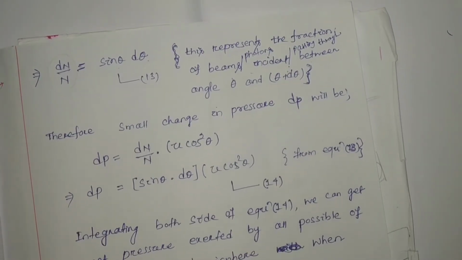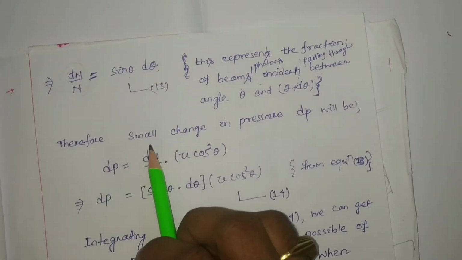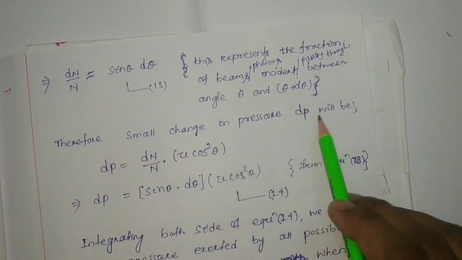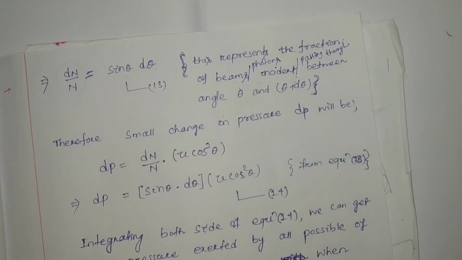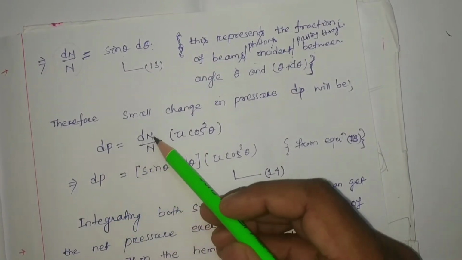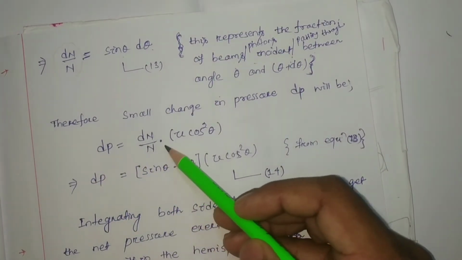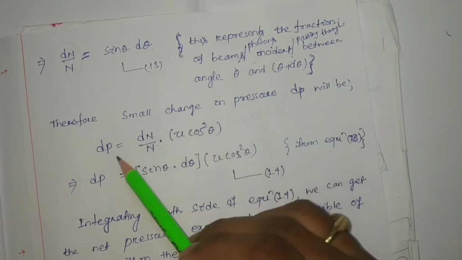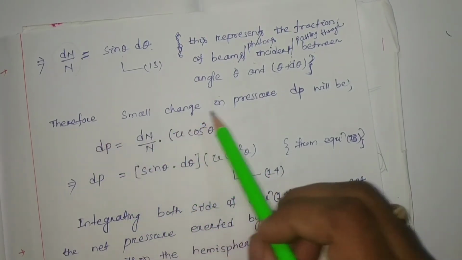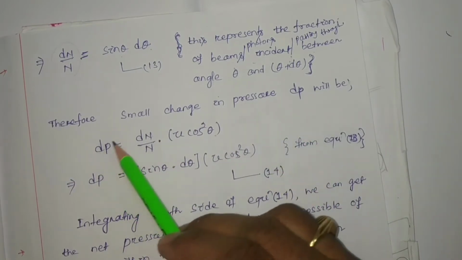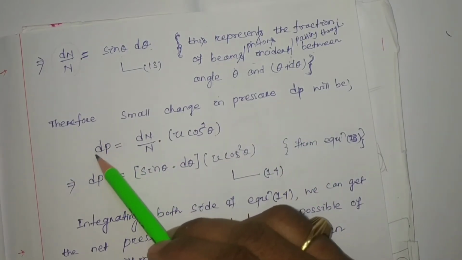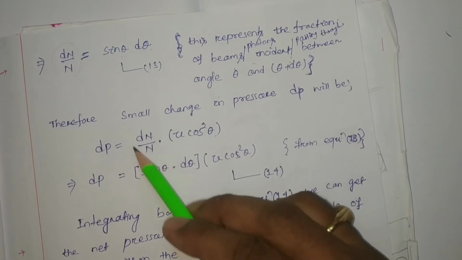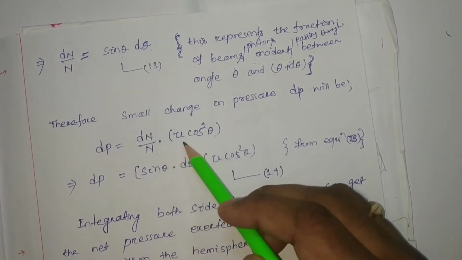Now, therefore, the small change in pressure dP will be dP equal to dn by n into u cos square theta. So here dP is your small change in pressure, which will be dn by n into u cos square theta.